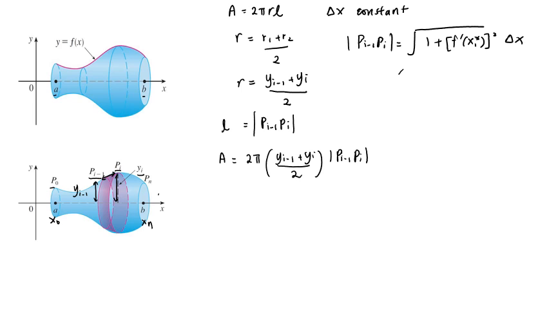into the area formula. But before that, if we divide the interval a to b into a very large number of segments n, then the interval becomes very small, i.e. delta x is so small that yi, which is actually just f(xi), can be approximated to be equal to f(xi star).